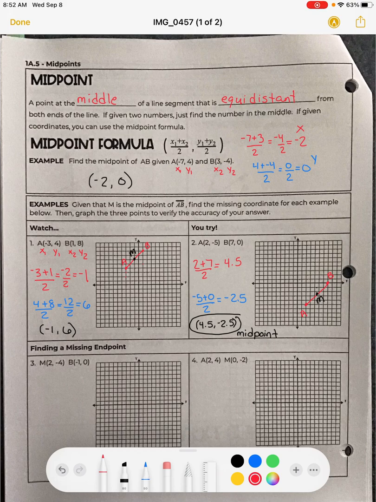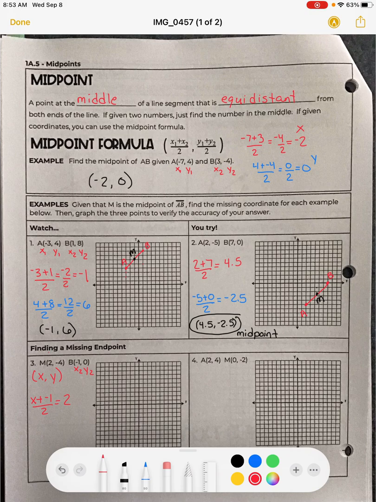So we are missing an x and y in this situation. We're missing an x1 and a y1, but we have our x2 and y2. When you set up the equation, I'm going to write x plus negative 1 divided by 2 should equal the midpoint, which was 2.